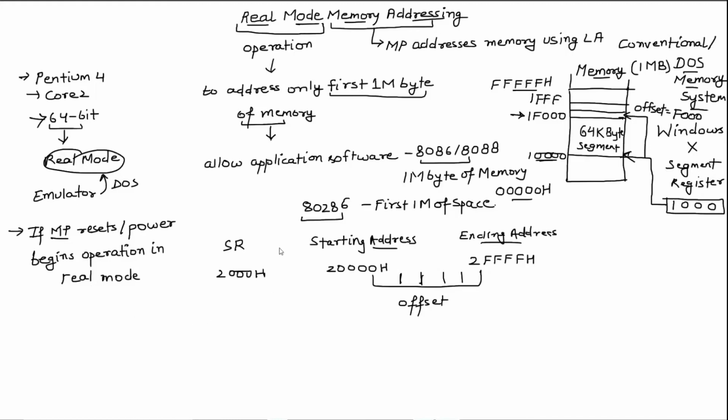So in the next tutorial, we will try to understand protected mode memory addressing, which is quite a lengthy topic. But in protected mode, in every segment register, we will append some bits.